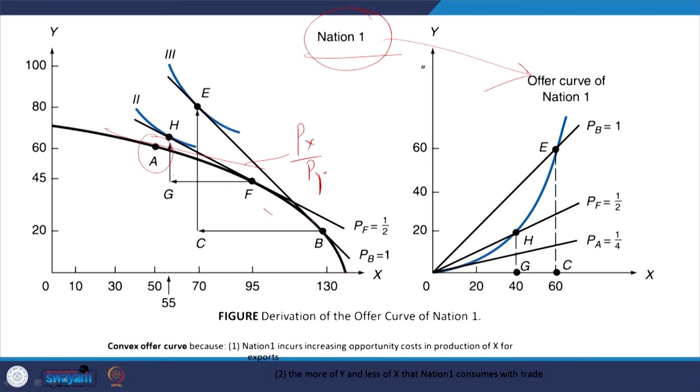Now, if there is trade, what is really going to happen? Trade takes place if and only if we have certain other contracts. Contracts means if the relative price increases and is offered by another country, if Px1 by Py is a new price greater than this, then country 1 will prefer to export X in lieu of importing this much from another country.